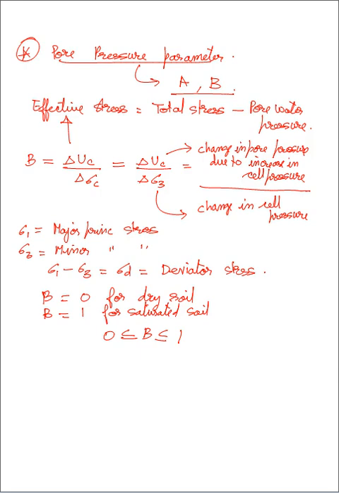This is the range of B. We all know what saturated soil is: soil whose voids are all filled with water. So delta UC divided by delta sigma 3 is the pore pressure parameter, which is your value B.